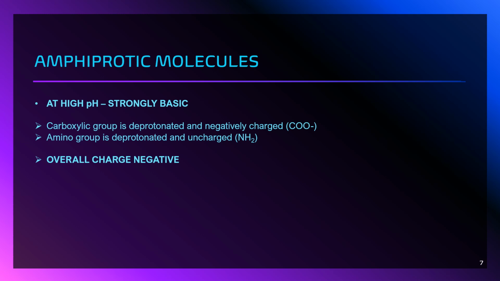So in a strongly acidic medium, the overall charge is positive, and in a strongly basic medium, the overall charge is negative. So at a physiological pH, approximately 7.4, the amino acids stay as zwitterions, or at an intermediate pH, we can say their net charge is 0.